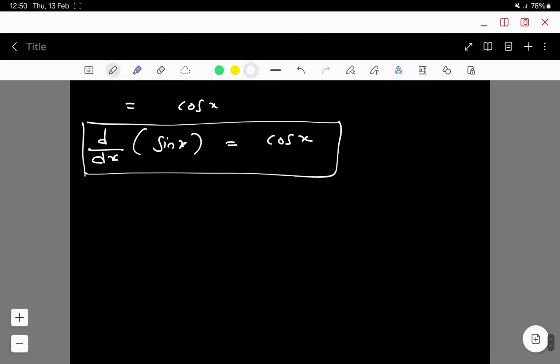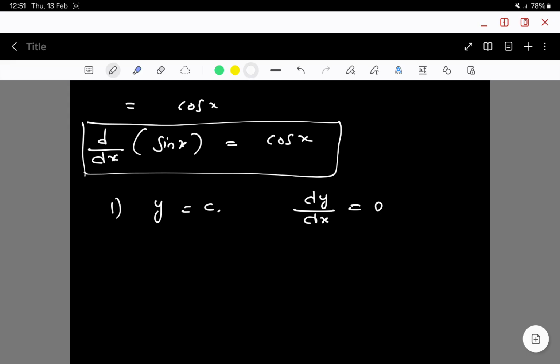Similarly, I am giving all the results for derivatives of the functions. First result: y equal to a constant, dy by dx equal to 0, because a constant is always constant. It never changes. 2 is always 2 at any time.